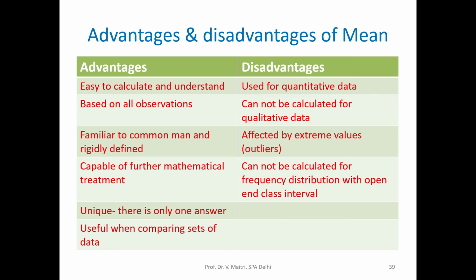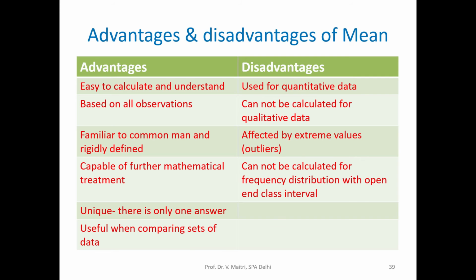Now, what are the advantages and disadvantages of mean? The advantage is it is very easy to calculate and understand, and it is considering all the observations, and normally everybody knows this and it is defined very properly. Everybody knows what is the mean, what is our average, what is the average cost.